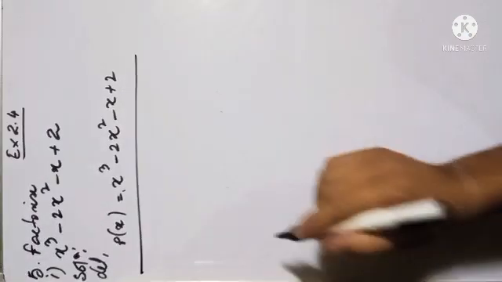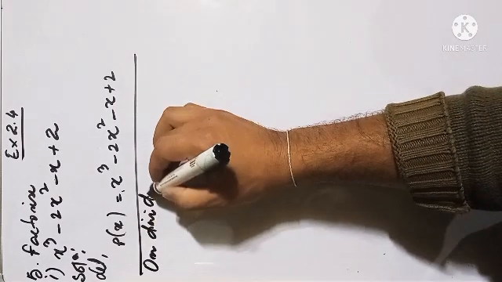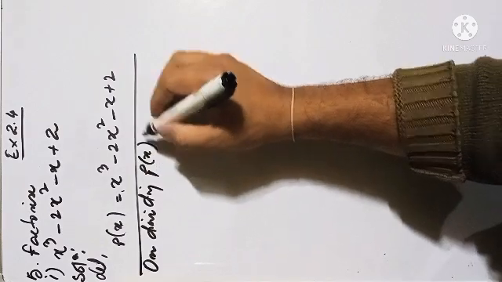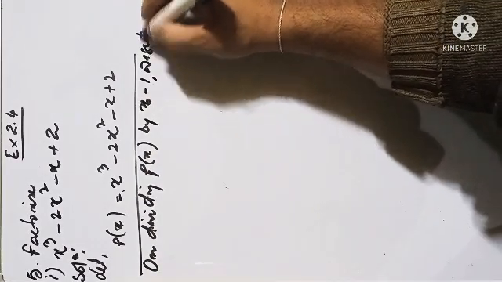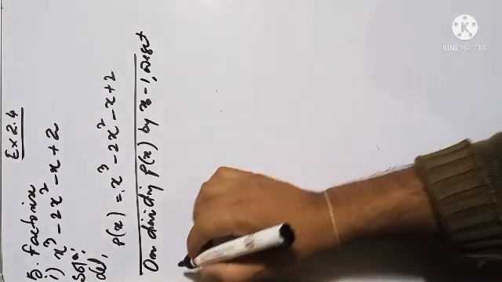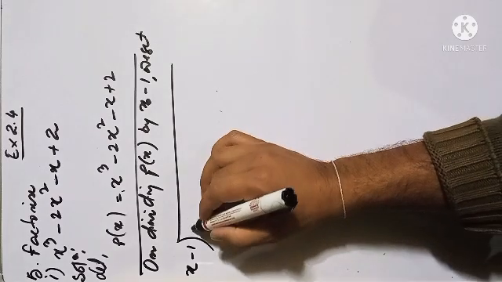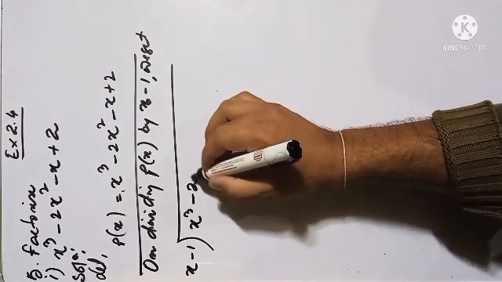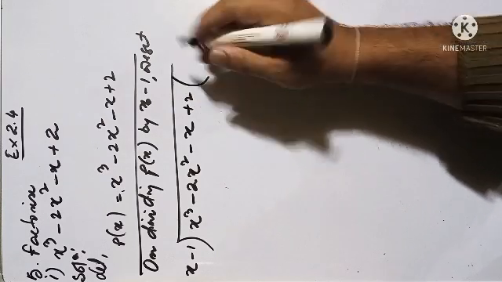Okay, I'll continue here now. So let me write, dividing p of x by x minus 1. We get, let us see, x minus 1 will divide x cube minus twice x square minus x plus 2.